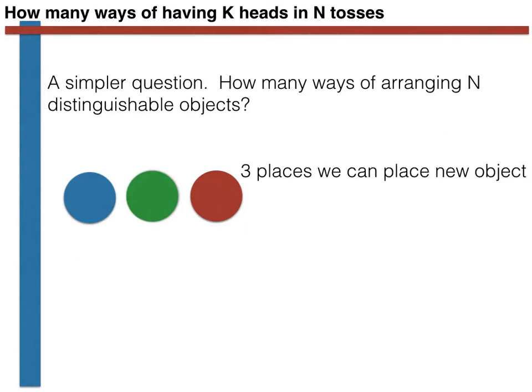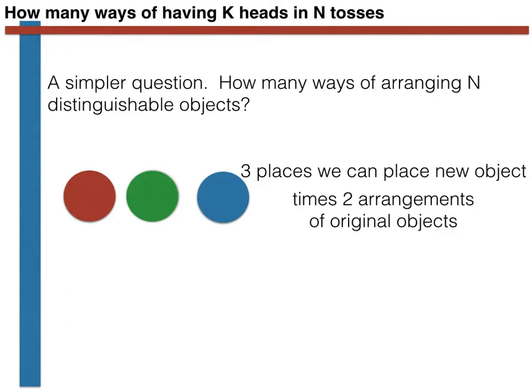Furthermore, if I remember that there are 2 ways of arranging the red and blue circles, I find that there are 6 arrangements of the 3 balls in total, namely red-green-blue, red-blue-green, blue-red-green, blue-green-red, green-red-blue, and green-blue-red.